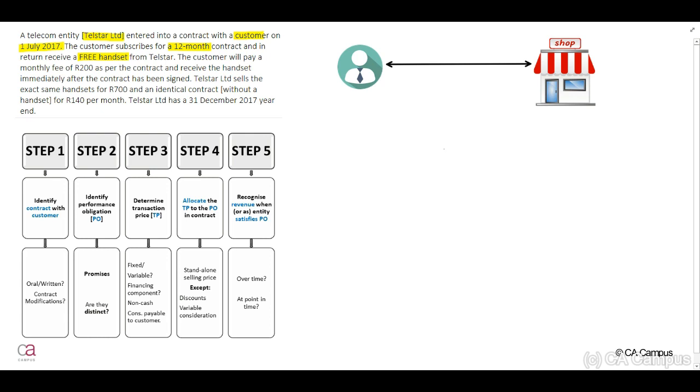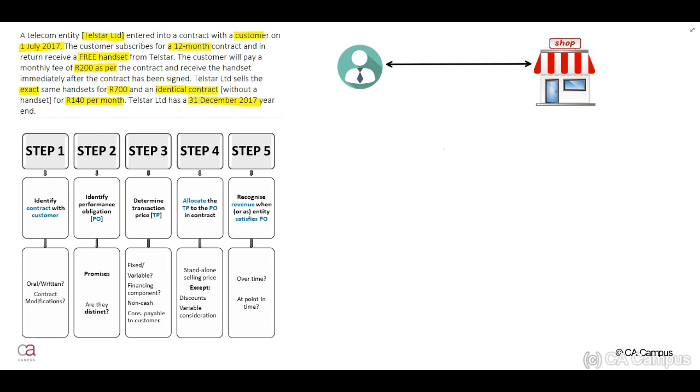The customer will pay a monthly fee of 200 Rand per the contract and receive the handset immediately after the contract has been signed. Telstar Limited sells the exact same handsets for 700 Rand and an identical contract without a handset for 140 Rand per month. Telstar Limited has a 31 December 2017 year end.